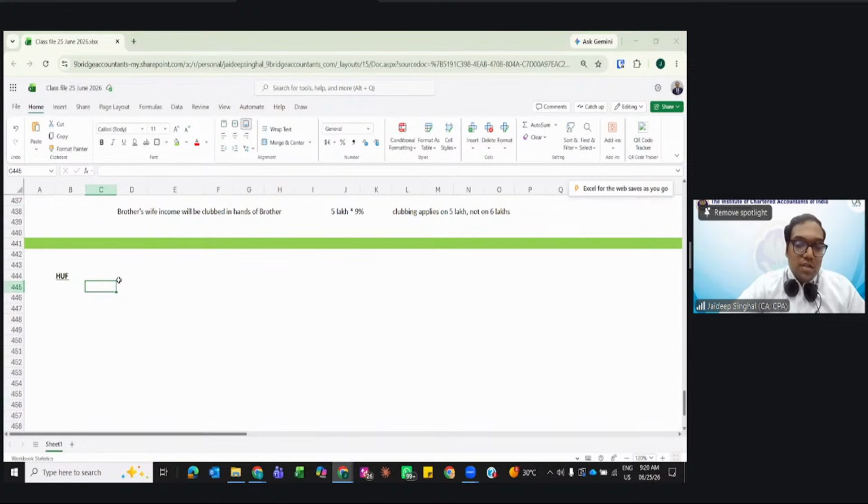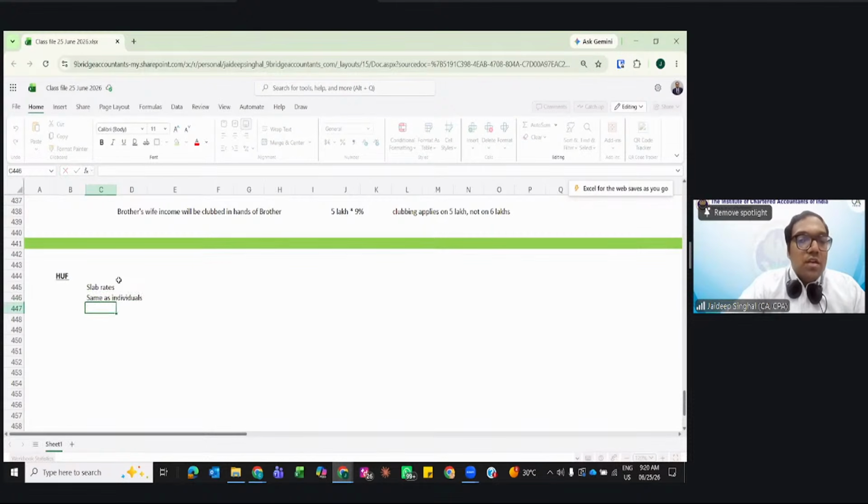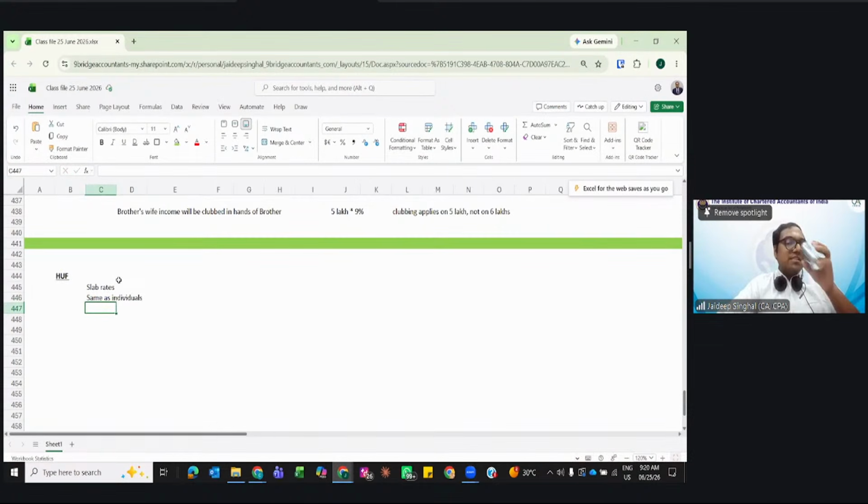Slab rates. Now see, if there is a standard rate, the planning is somewhat less possible, like in partnerships, 30% directly. So these rates are same as individuals. Now people can take benefit of the slabs, lower percentages.